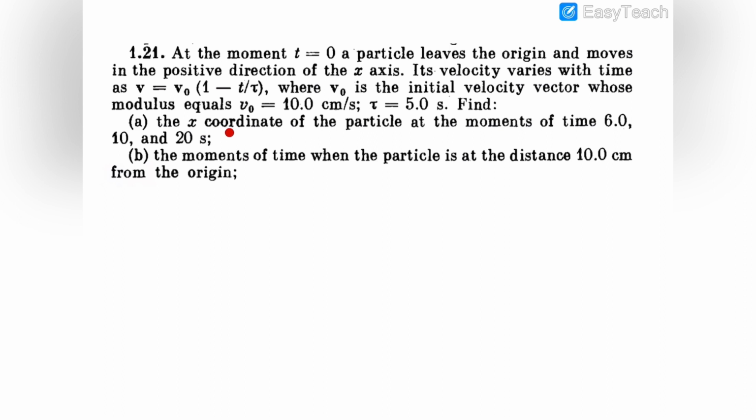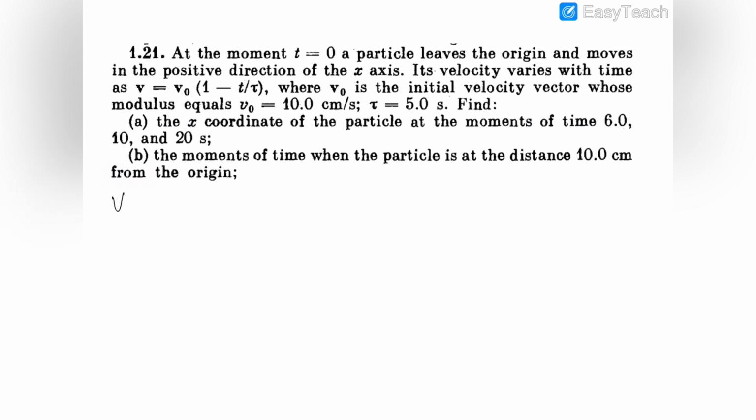We have to find out the x coordinate of the particle at the moments of time 6, 10 and 20, and we have to find out the moments of time when the distance of the particle is 10 centimeter from the origin.